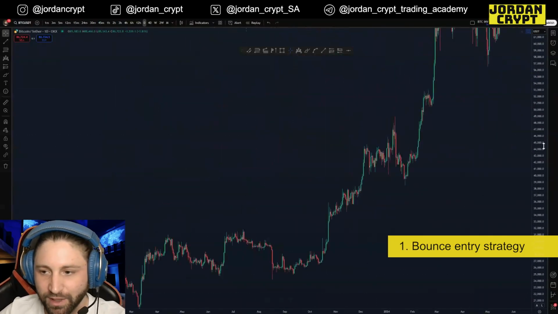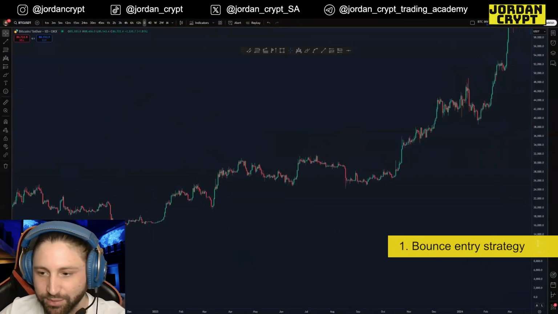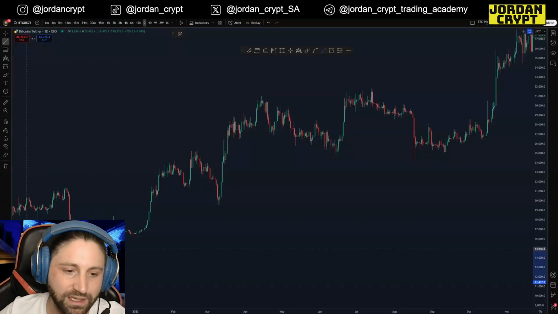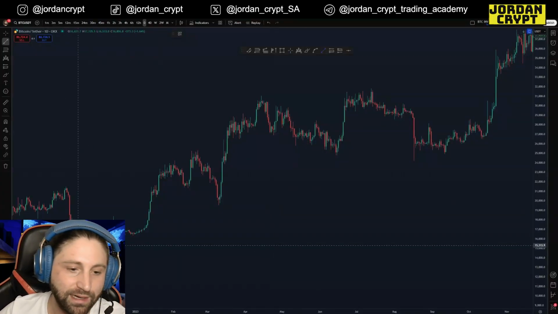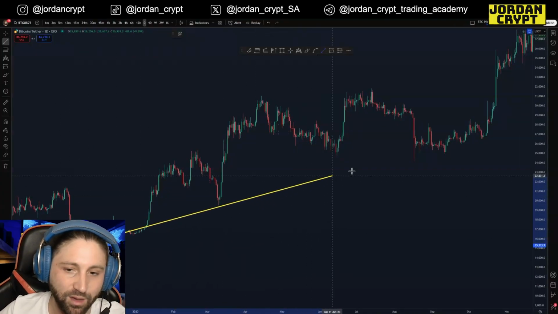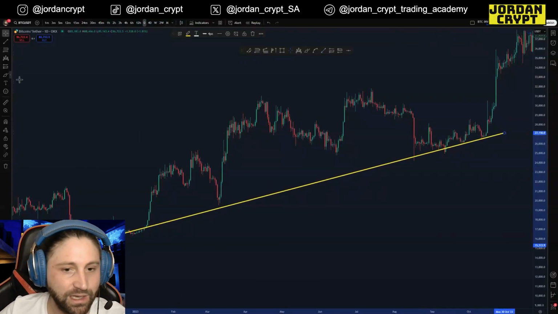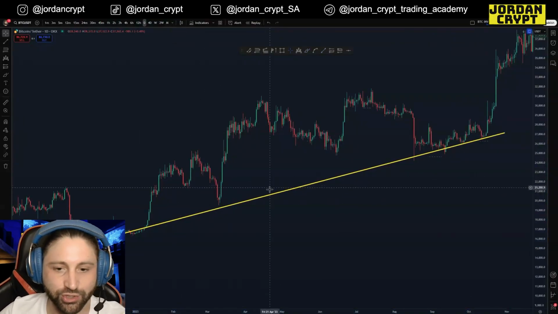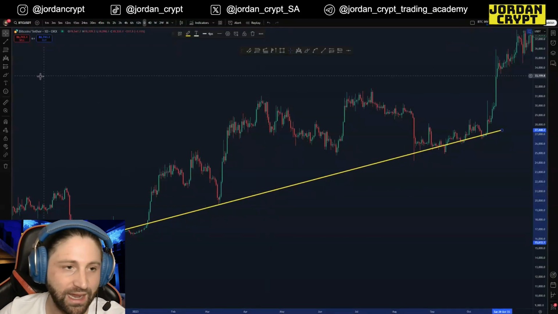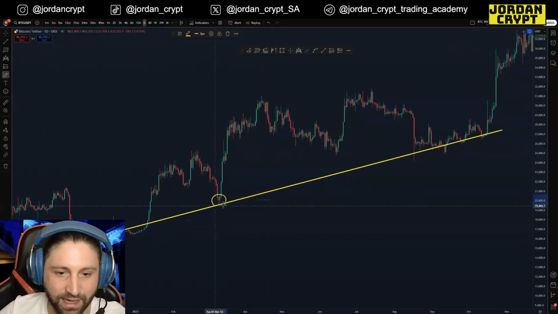This is a beautiful example right here on this uptrend on Bitcoin. We can see a beautiful trend line that was starting up on Bitcoin, a beautiful uptrend. And here we can actually see the bounce strategy that occurred and gave us a very nice entry.